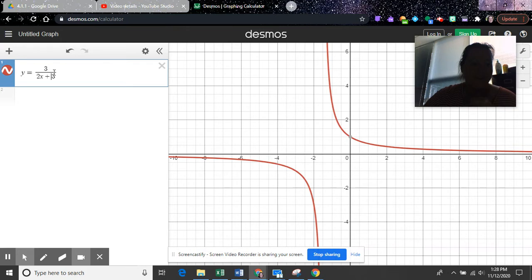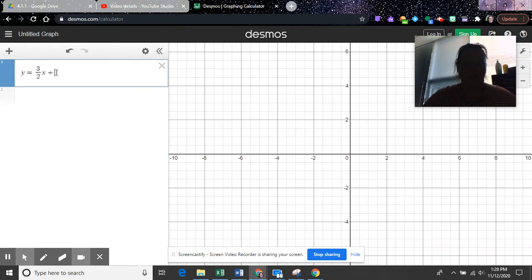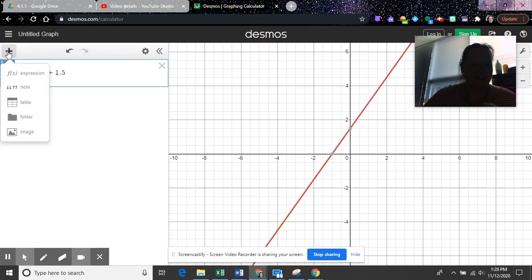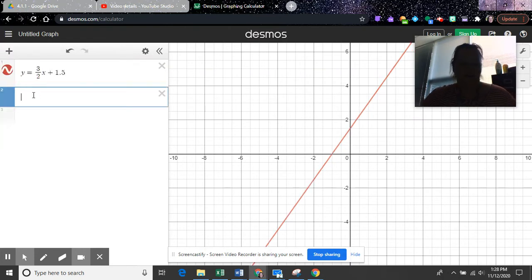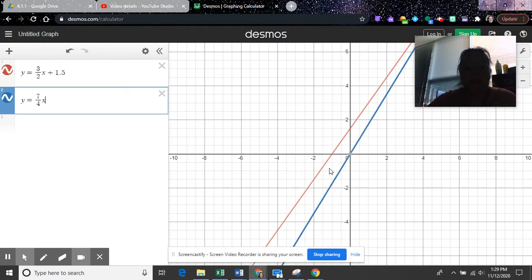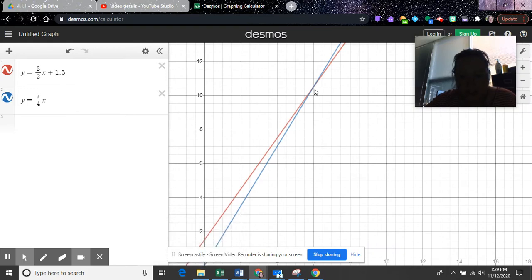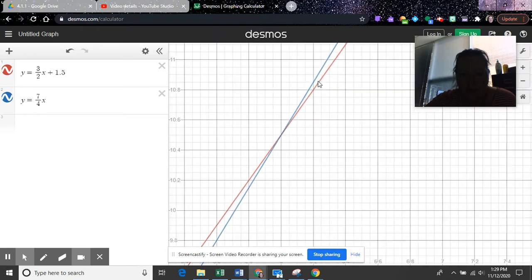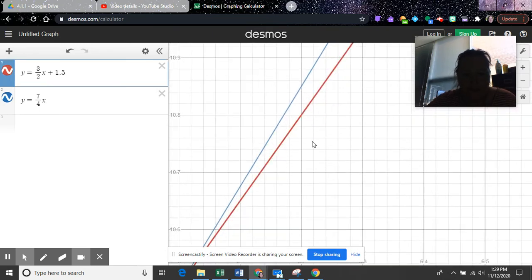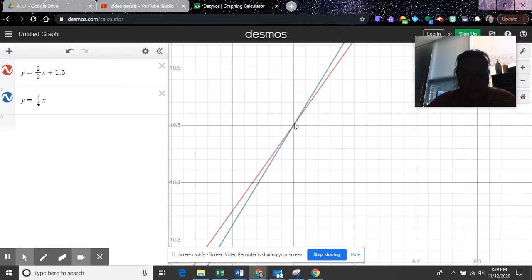That is not what I meant to do. I should pay closer attention. So 3 over 2x plus 1.5. And then doing it again, hers is y equals 7 over 4x plus 0. When you look at the graph, you're going to see that it is intersecting right around here. Zooming in may help you see it because they're pretty tight.